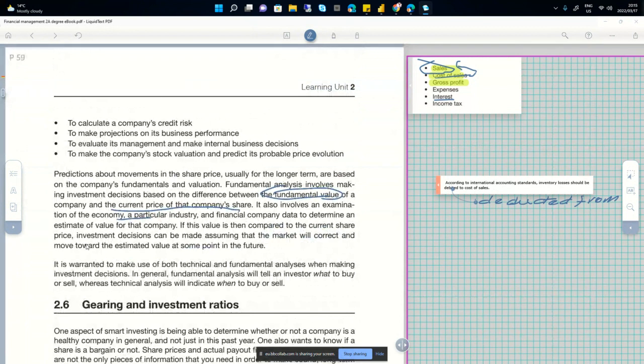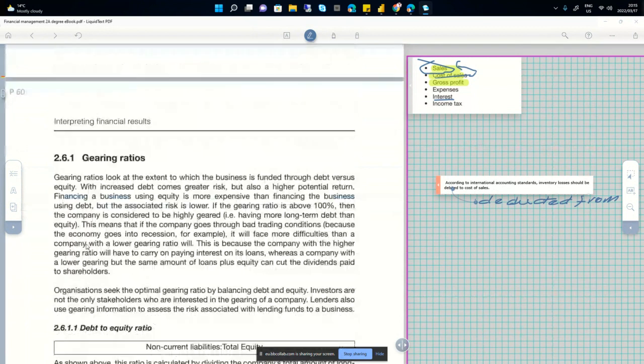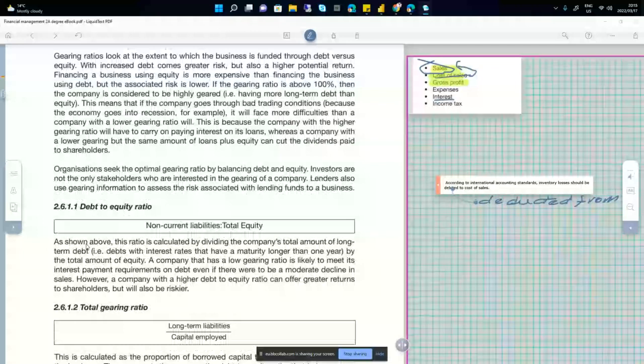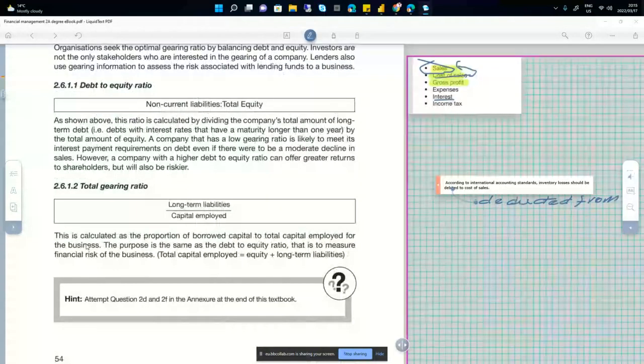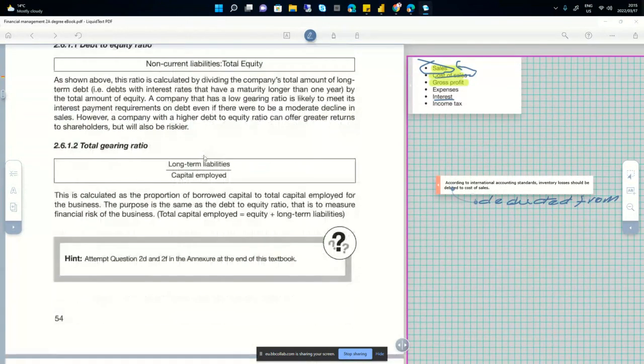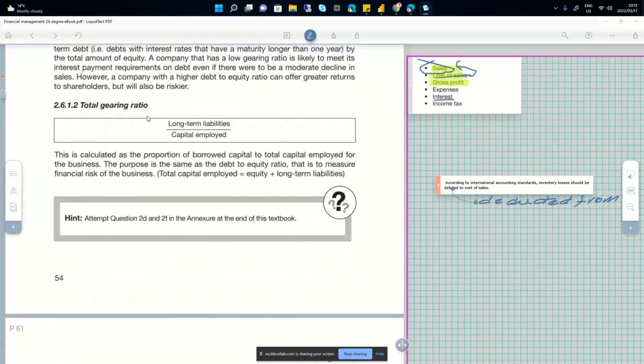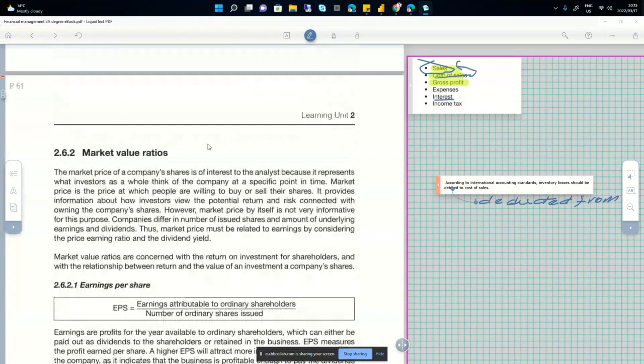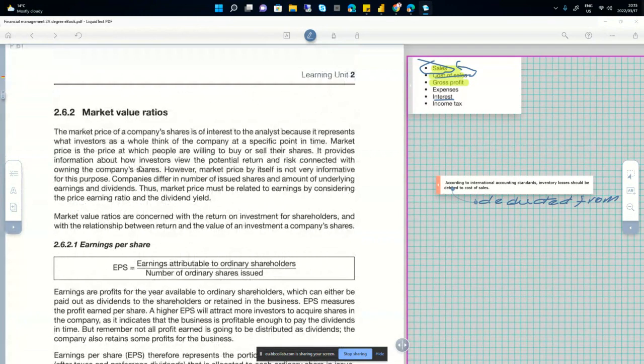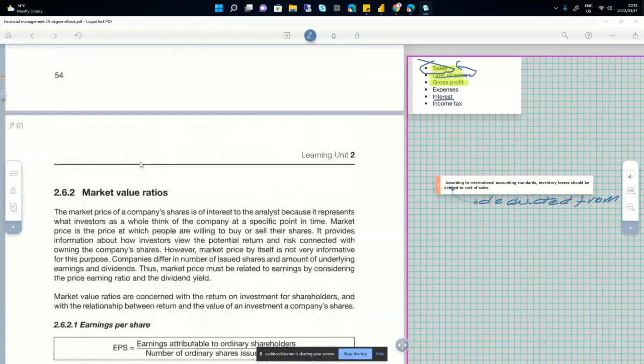So that will be it for our session today. There are other ratios, and as I say, just go through them: debt to equity, non-current liability divided by the total equity. They are very simple: total gearing, long-term liability divided by the capital employed. And you must understand why these are important.